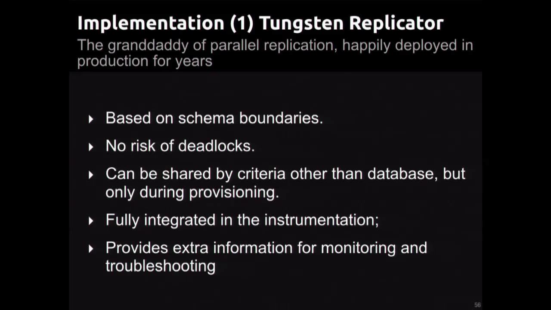So implementation in Tungsten Replicator, this was the oldest thing that was done with schema boundaries. It was very fast. It is still very fast. It's only useful if your information is run in several databases and your data is more or less equally distributed in the databases.